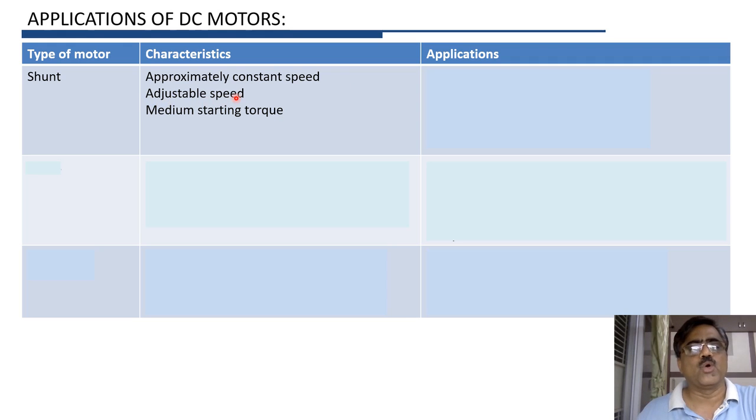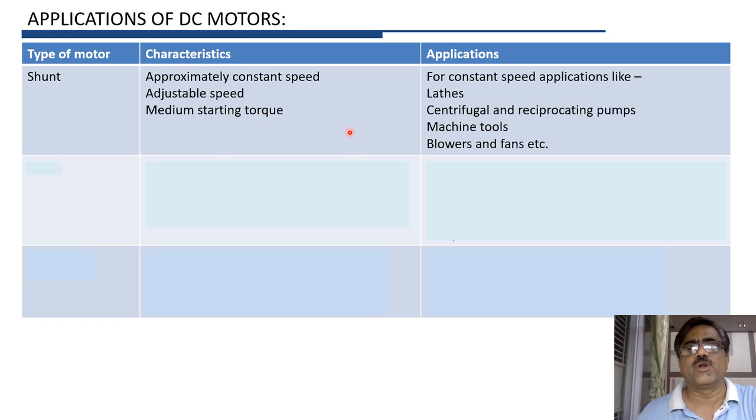It can be controlled by flux control or by armature voltage control, and its starting torque is medium, and therefore DC shunt motors can be used for constant speed applications and where medium starting torque is sufficient. So it is used for applications like lathes, centrifugal and reciprocating pumps, machine tools, blowers, fans, etc.